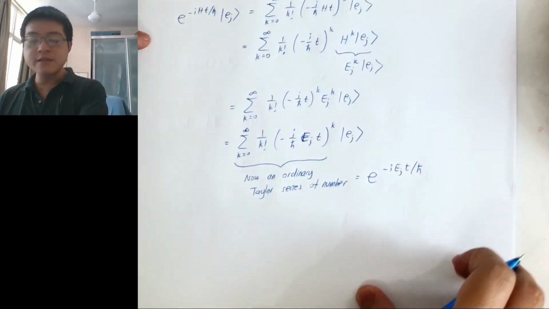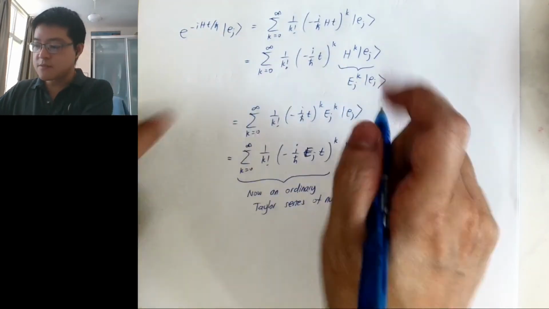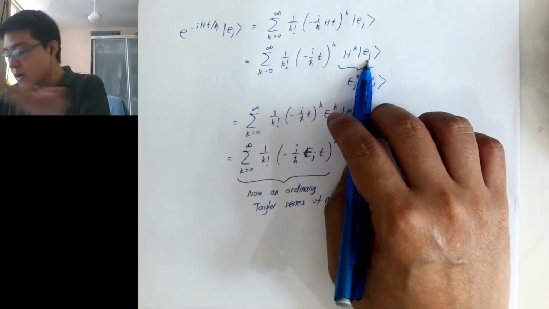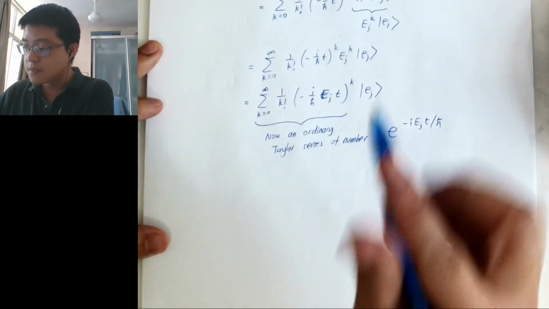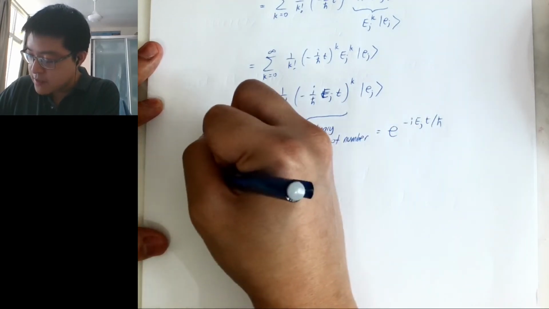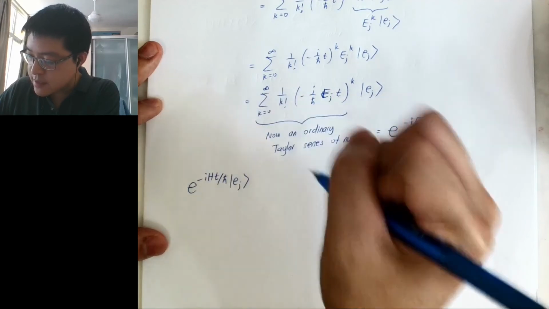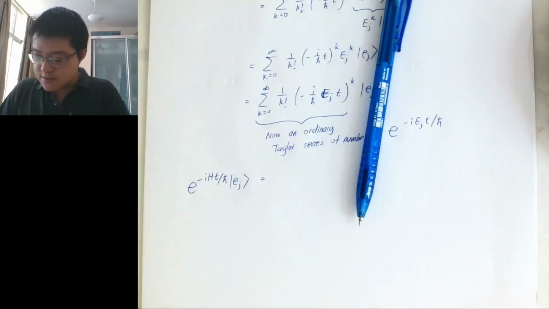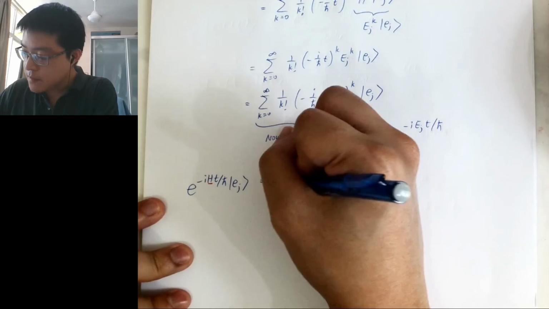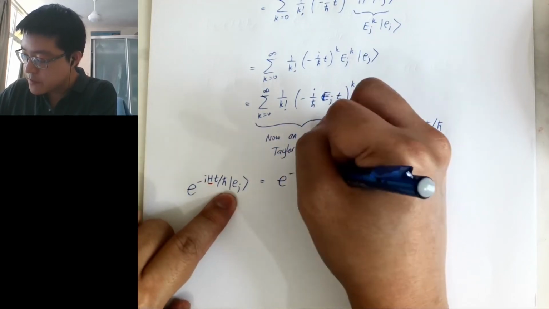So if my unitary evolution operator happens to act on an eigenstate, and the important point here is that it must be an eigenstate of H, because if it's not an eigenstate, then you cannot really do this, then what we have derived is that on the left hand side, the exponential of iHt over h bar acting on an eigenstate, I can just replace this with the corresponding eigenvalue.